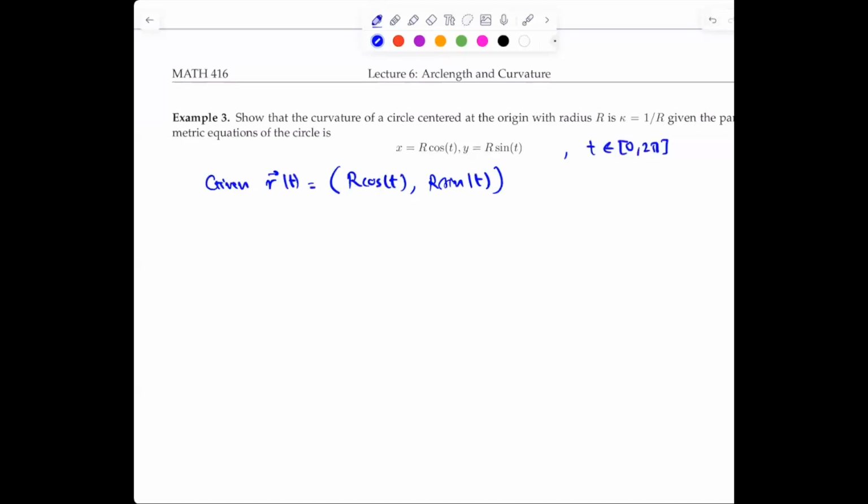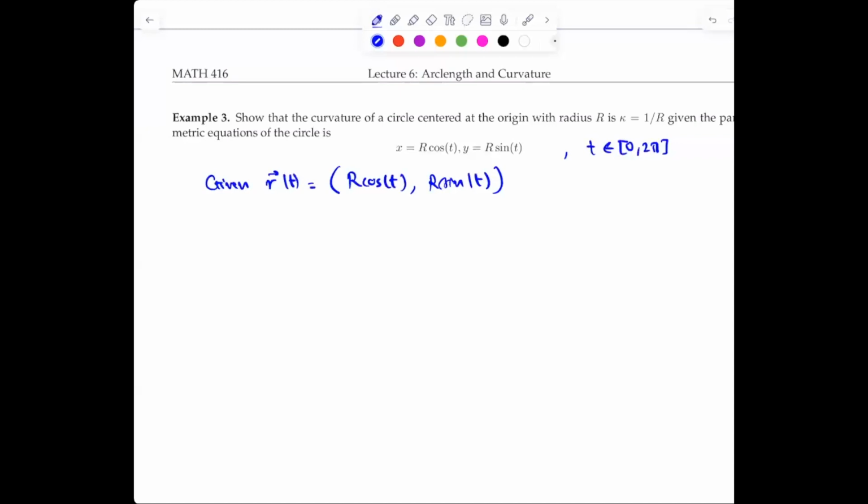Now remember the formula: kappa equal to the magnitude of the derivative of the unit tangent vector divided by the magnitude of the tangent vector.